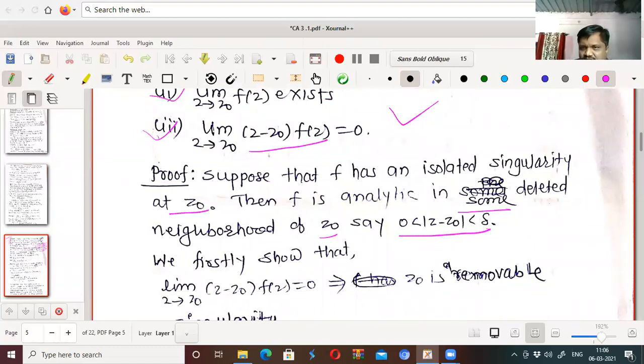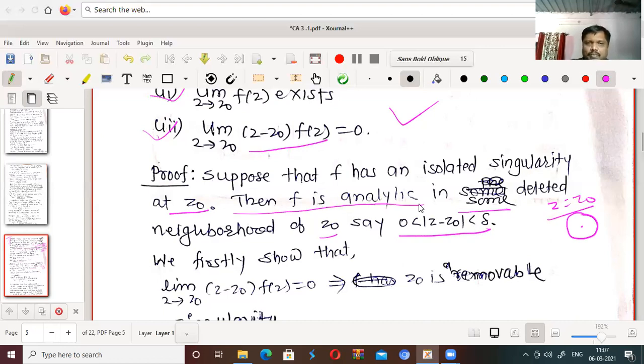Z equal to z0 is said to be an isolated singularity of f of z if there exists a neighborhood of z0 in which this function is analytic. So there should exist a neighborhood having radius delta in which the function is analytic.